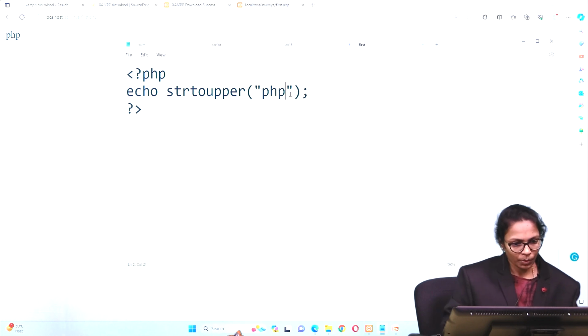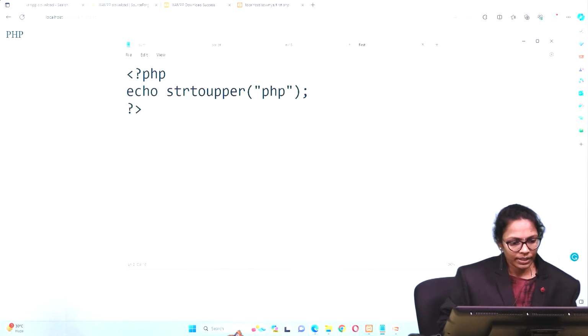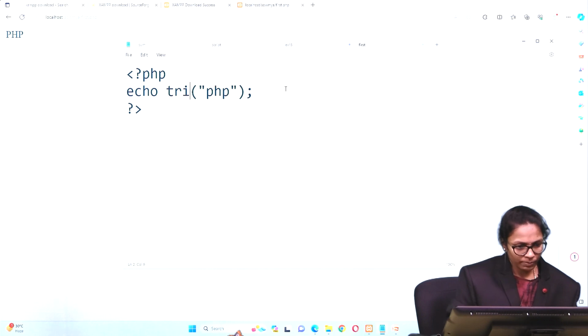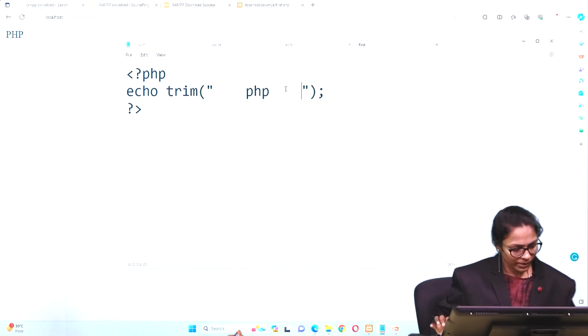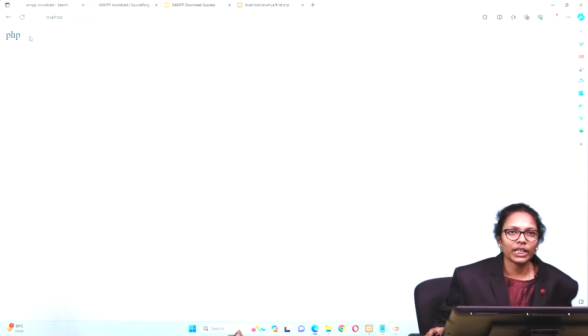I am giving small case letters, and in the output I am getting capital letters. And next is trim. Any leading spaces or trailing spaces will be removed in the output. The spaces I don't get in the output, because they are trimmed.